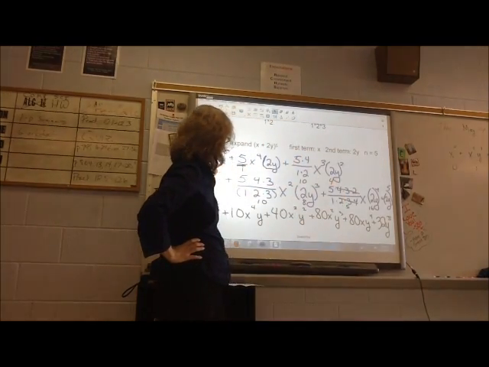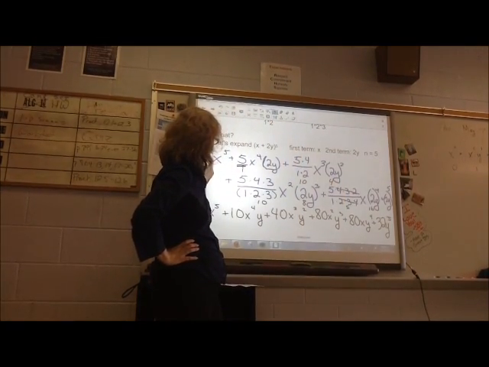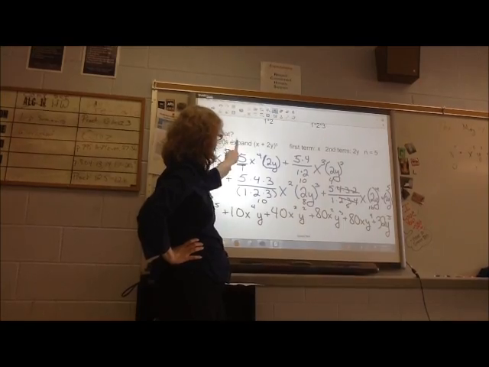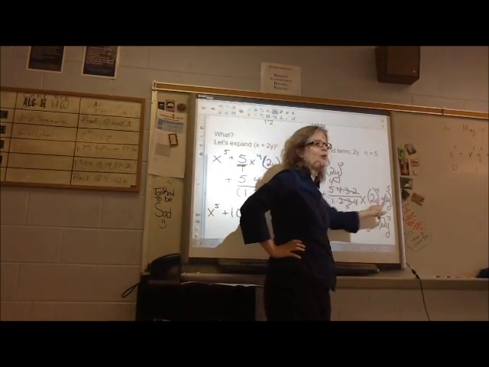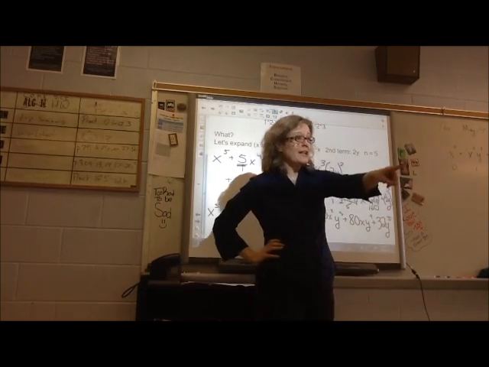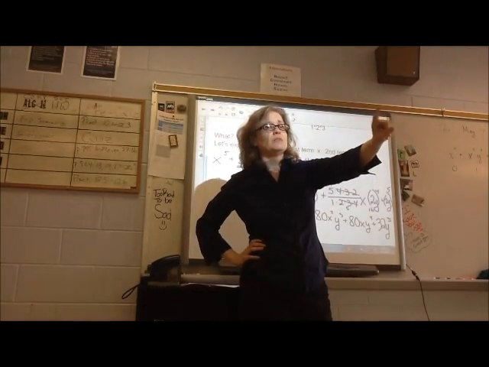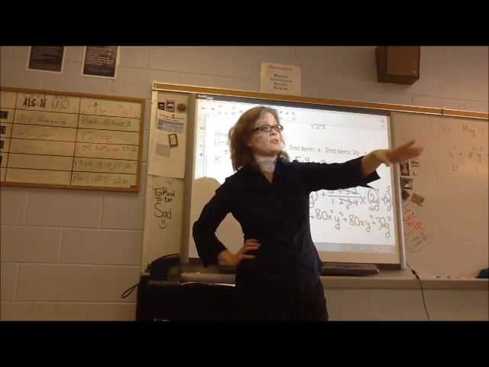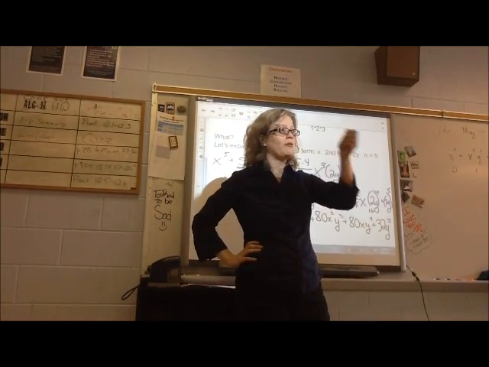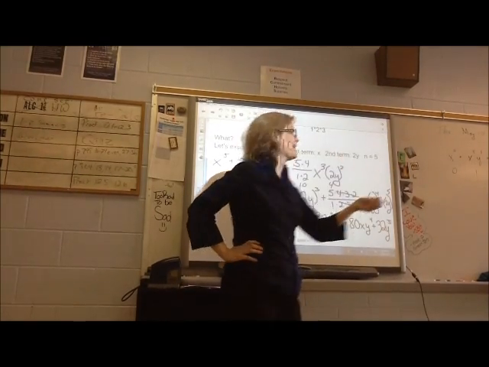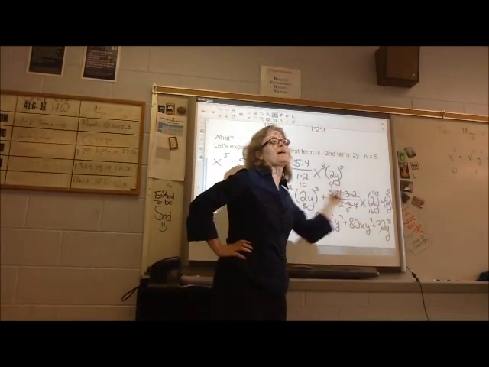Because it turns out that the coefficients here are 1, 5, 10, 10, 5, 1, which is exactly what you will find in the 6th row of your Pascal's triangle, or 5th if you start counting at 0. The one that starts 1, 5 goes exactly 1, 5, 10, 10, 5, 1.